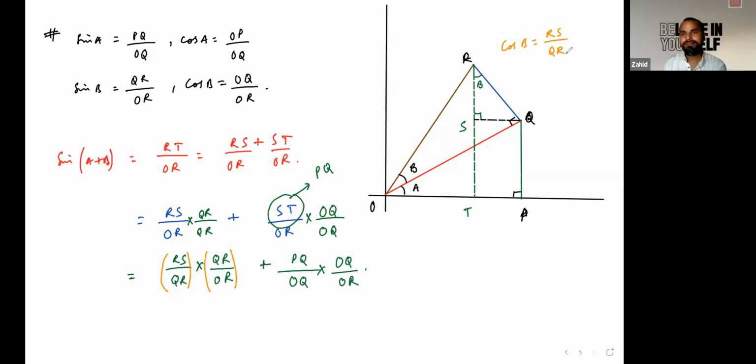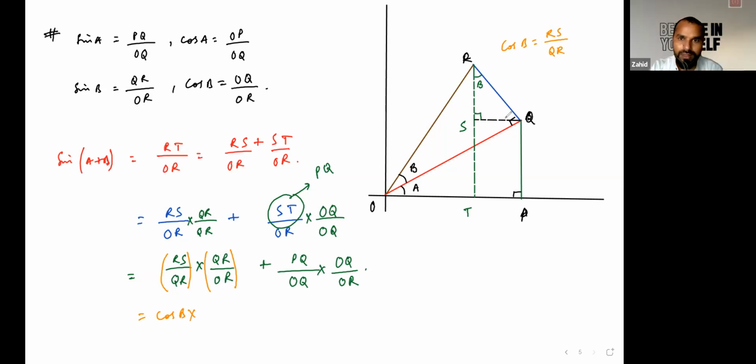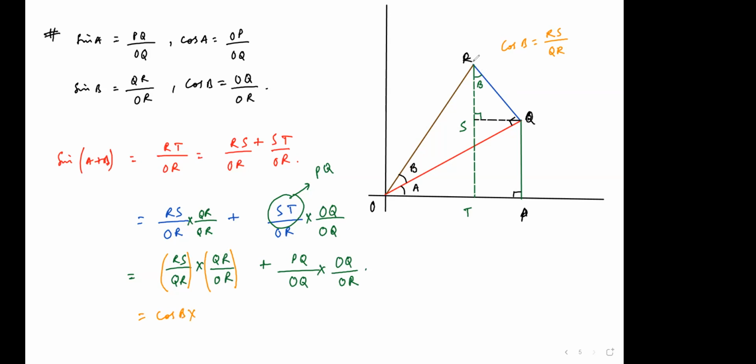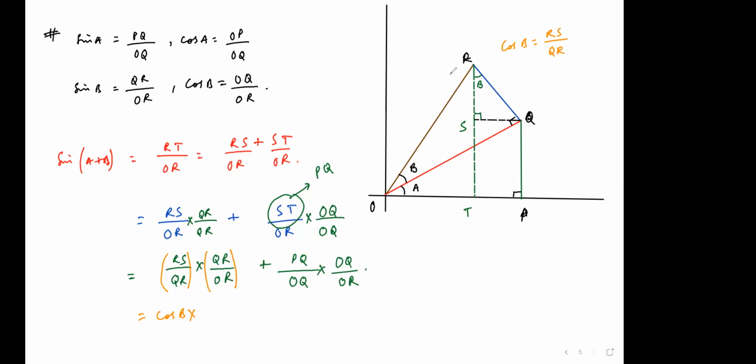Is it correct? So we can write this as cos of B into QR over OR. QR is this particular part, OR is this particular part, means perpendicular over hypotenuse for the whole triangle.